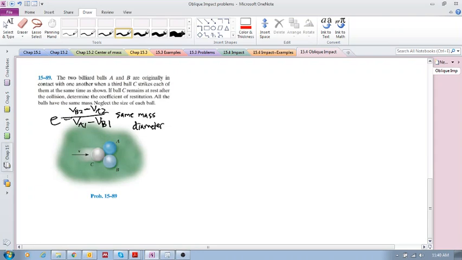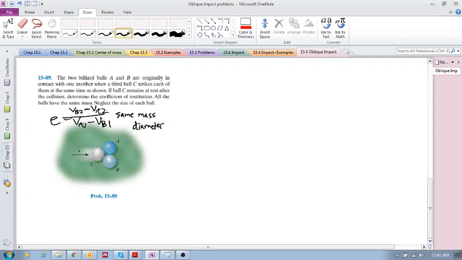All right. So what tools do we have in our bag to try to find something like this? Well, if we're looking for the coefficient of restitution, we need velocities after and we need velocities before. And it's between two particles. So as you can see, we have a ball and it collides with a single ball, collides with A and it collides with B. Okay, so how are we going to deal with this?